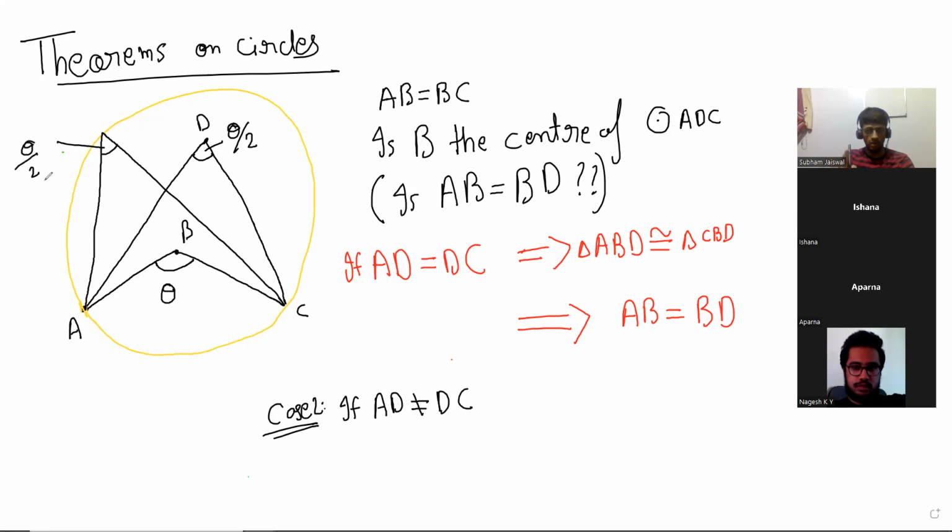We have proved that. If it is on the circle, then it is theta by 2. Okay. So if D is not on the circle, then what do you do?